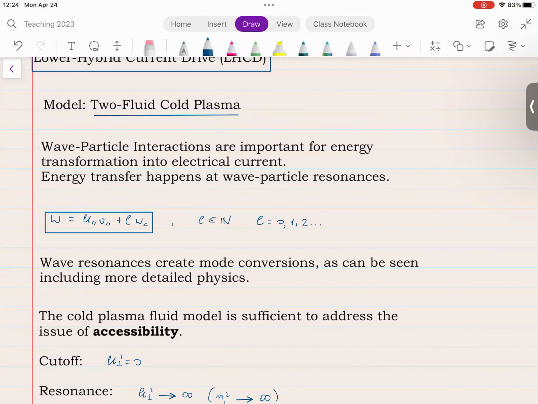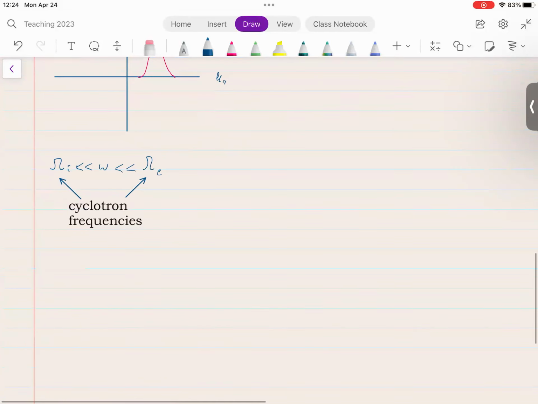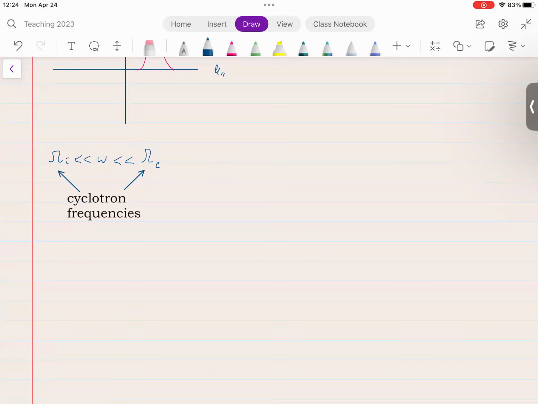Now, let's look at our dispersion relation. This is something that we know how to derive, and I'm not going to write all the steps. I'm just going to tell you what the various terms look like.